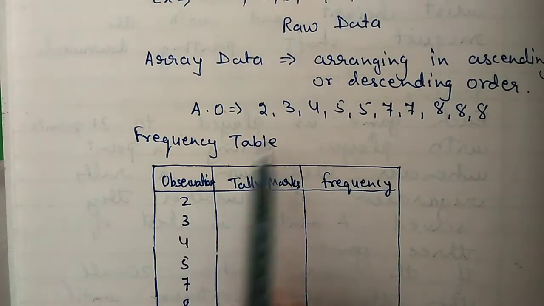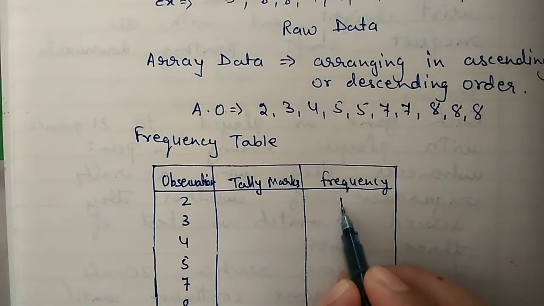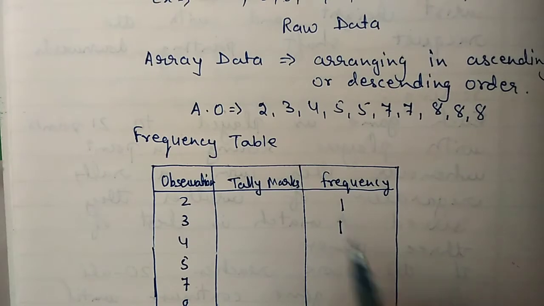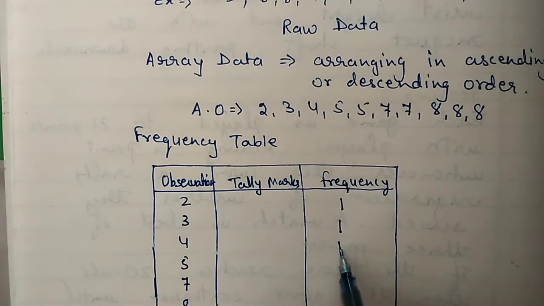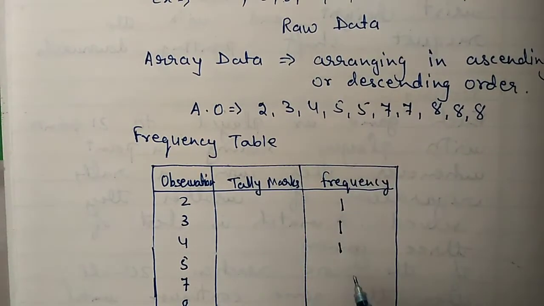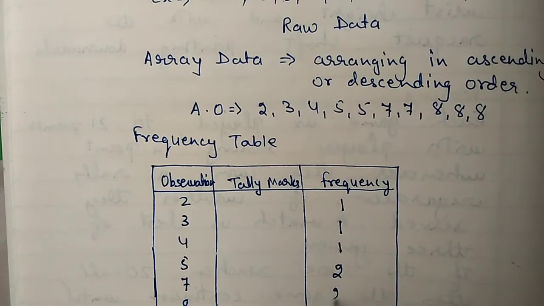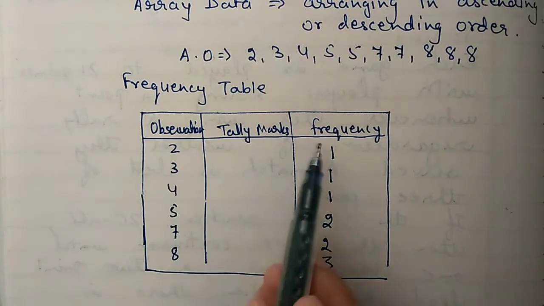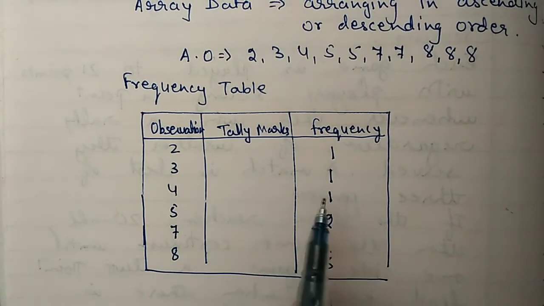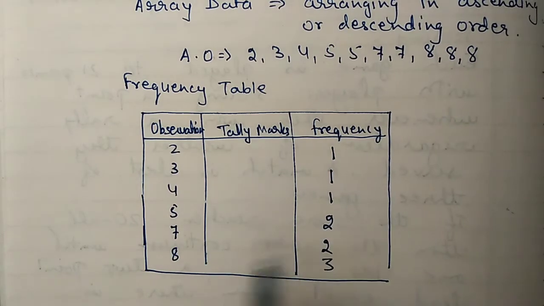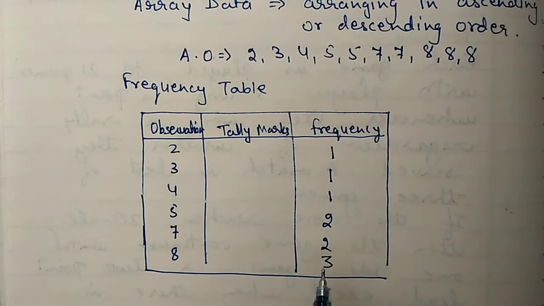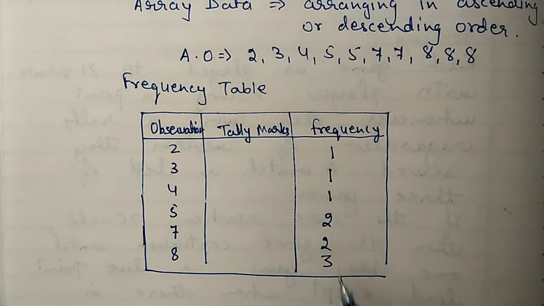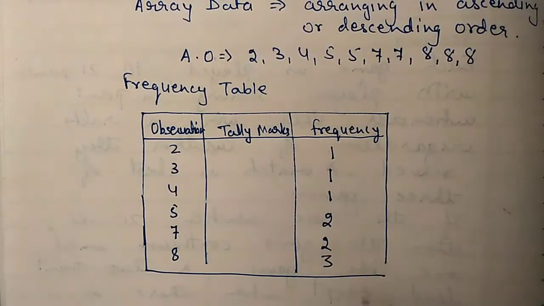So here 2 is coming 1 time, so the frequency of 2 is 1. 3 is also coming 1 time, so frequency of 3 is 1. 4 is also coming 1 time. 5 is coming 2 times, 7 is coming 2 times and 8 is coming 3 times. It means the frequency of 2 is 1, 3 is 1, 4 is 1, 5 is 2, 7 is 2 and 8 is 3. Total, if you count 1, 2, 3, 4, 5, 6, 7, 8, 9, 10, we have total 10 observations.